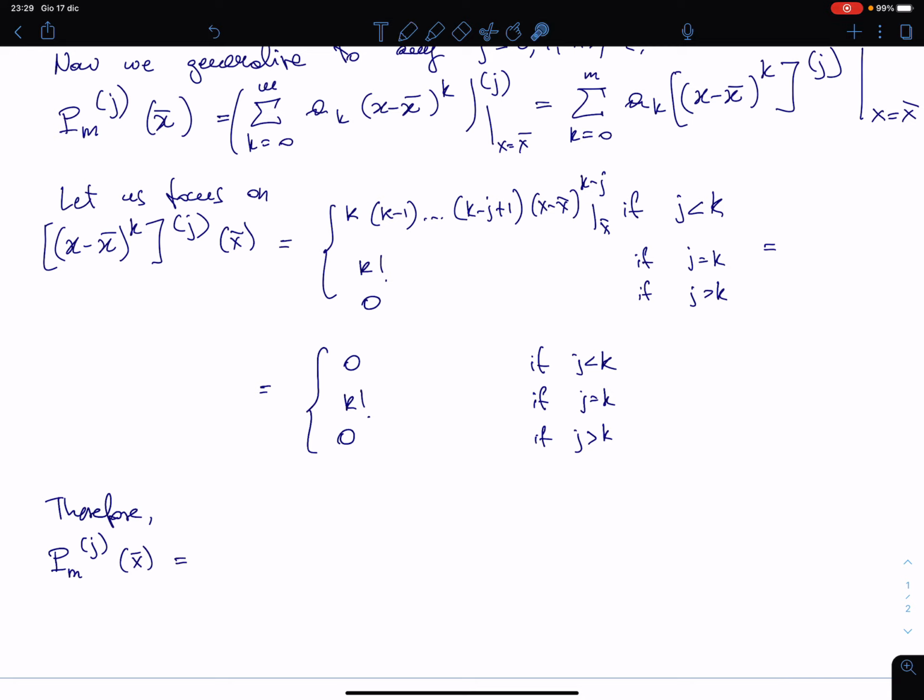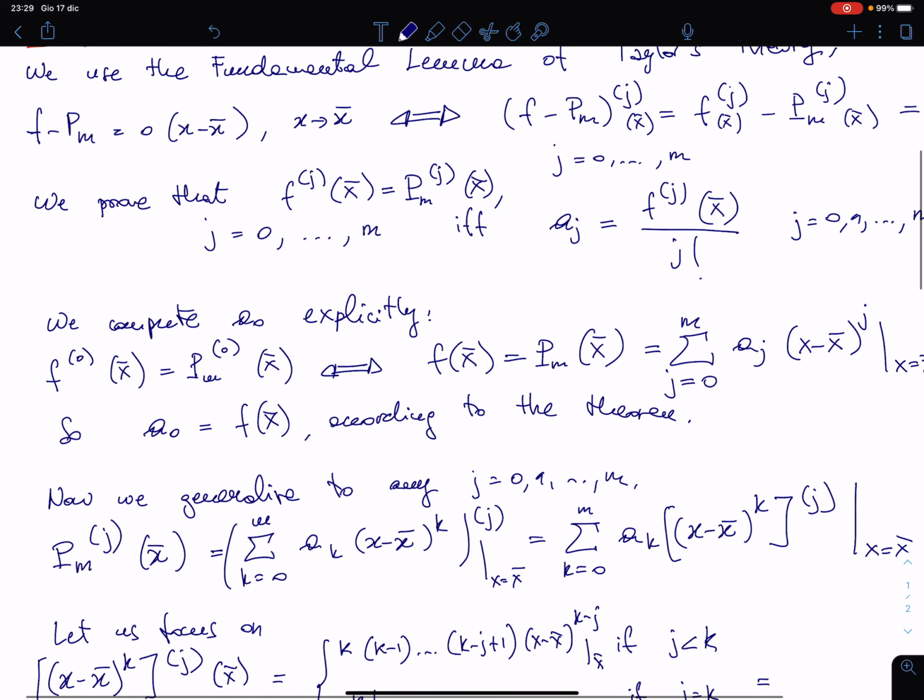And we have that the only surviving term is the one with j equal to k. So we have aj times j factorial.